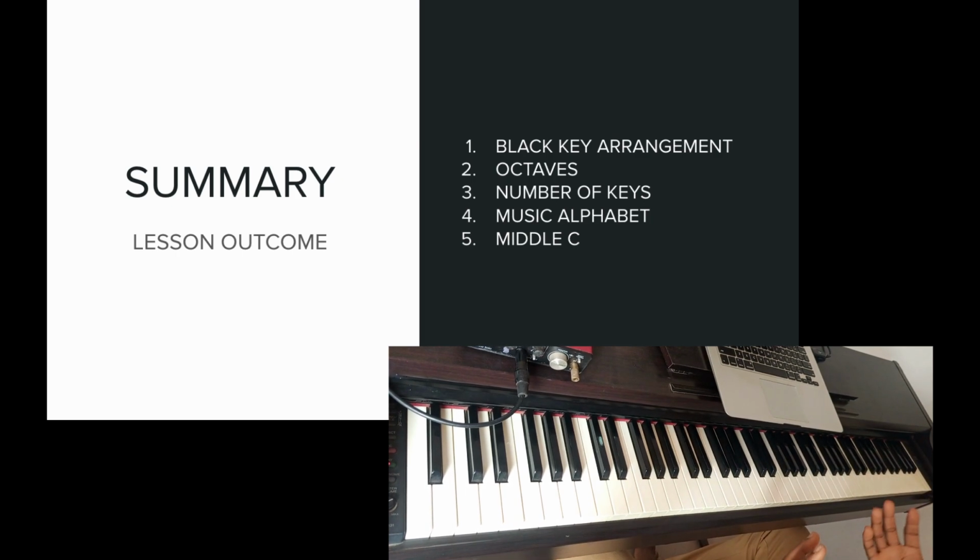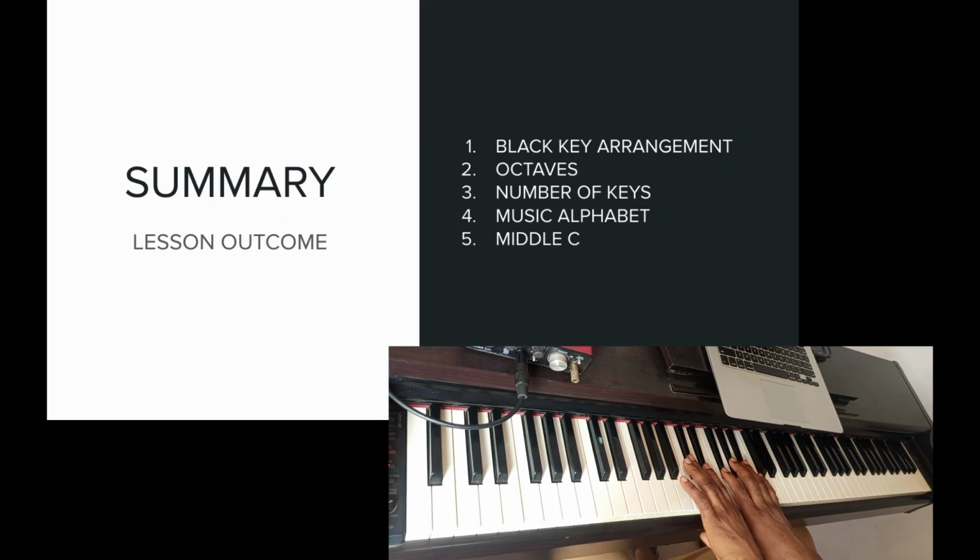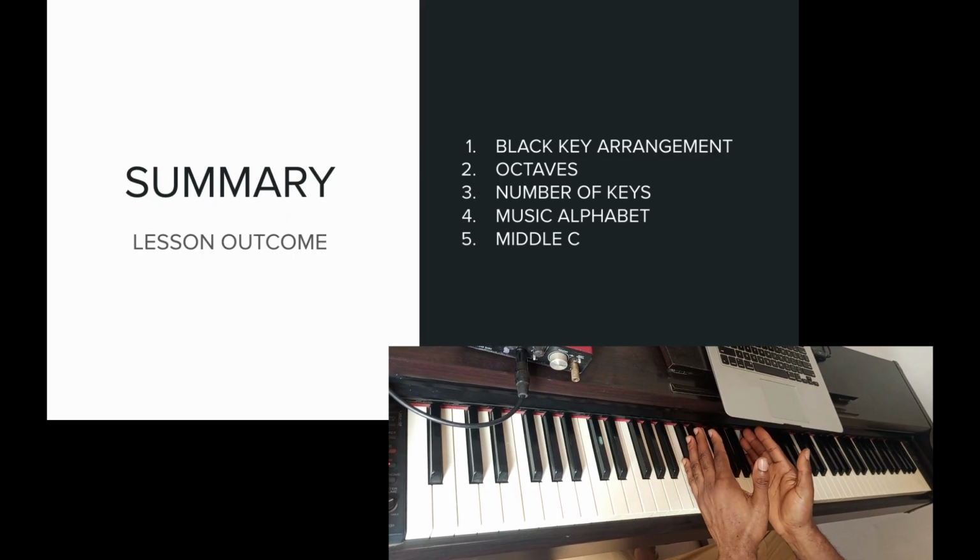And then we defined what an octave is. The musical term of an octave is from a note to the very next note with the same letter name. However, a better way to visualize an octave is a group of 2 and 3 black keys. So this chunk right here is an octave.